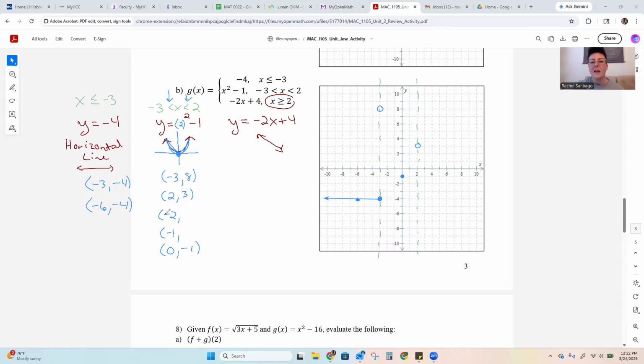Let's find these other two. So -2 squared is 4 minus 1 is 3. And then -1 squared is 1 minus 1, which is 0. So -2, 3. Perfect. Here's one point. -1, 0. Here's my next point. There's my vertex.